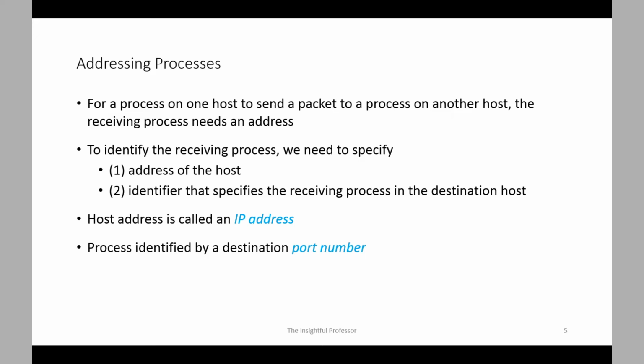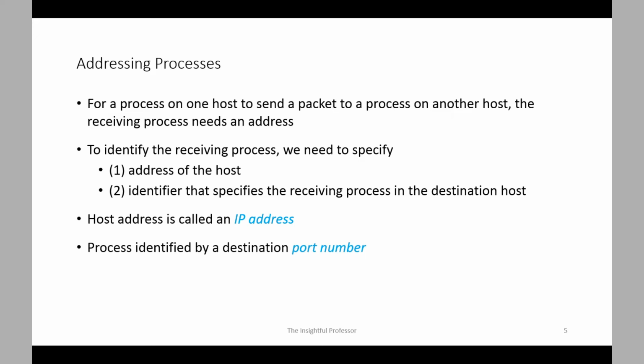In our videos for computer networking, we're using the internet as our networking example. Therefore, in the internet, a host or end system is identified by an IP address. With respect to process identification, the sending process also has to go further than just saying it's on this machine. It has to provide the socket information in terms of the port number.